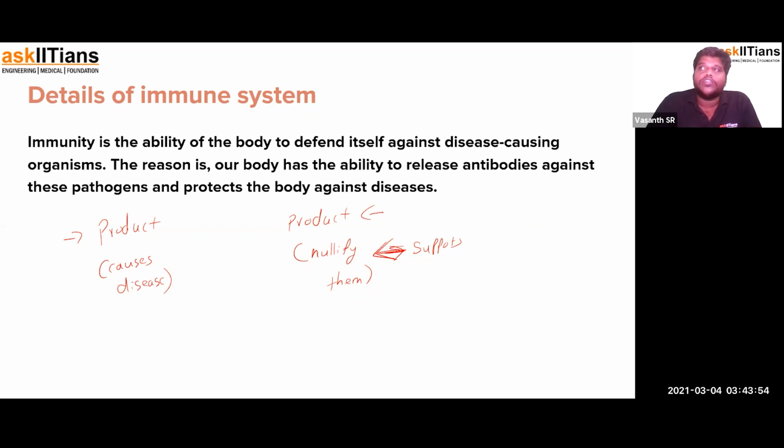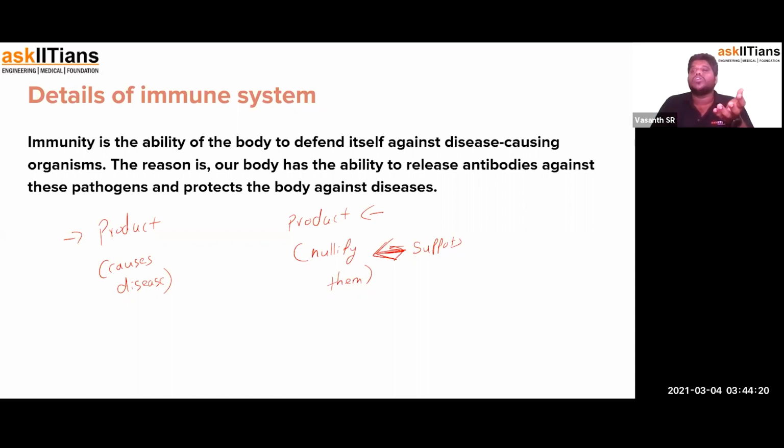So there are different pathogens that cause diseases. As I already told you, the innate immune system is what is already there in our body. For example, skin comes under innate immunity, which we are born with. Skin acts as a protective layer, which will not allow microorganisms to enter unless there is an opening.